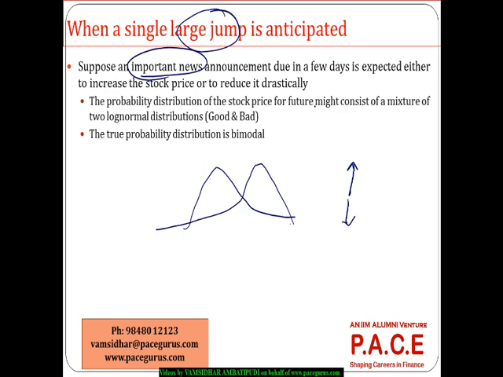For bad news, we talk about another. And the true probability distribution becomes a bimodal distribution, depending on how the reaction to the news happens, whether it goes more in terms of good or bad. So it is no more a lognormal distribution. Even if you look at the volatility in both cases, it is going to be higher when a single large jump is anticipated.